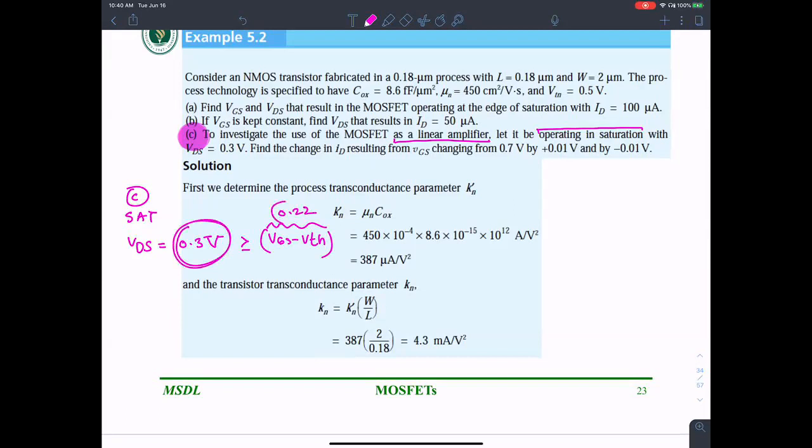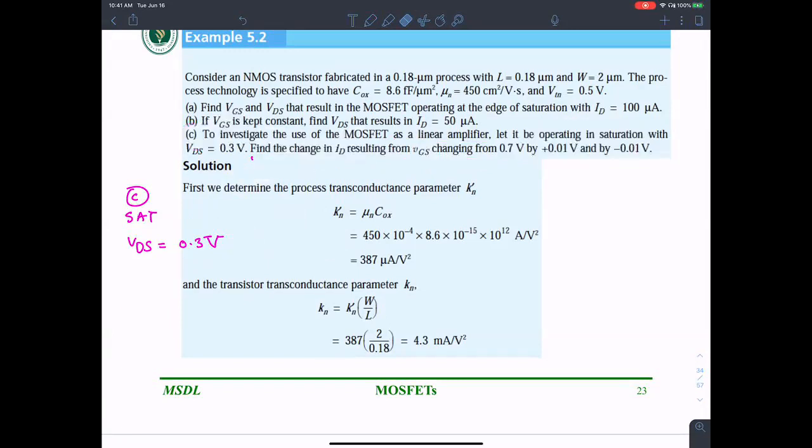So VDS is in fact greater than VGS minus VTH, so it is indeed in saturation. What we want to do is find the change in ID resulting from VGS changing from 0.7 volts by plus 0.01 and negative 0.01.